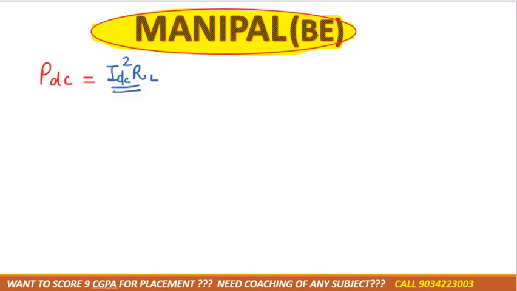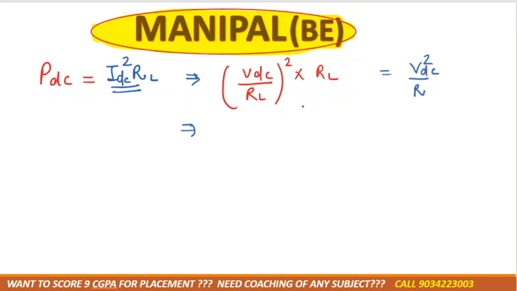Now calculate it and then tell me the value. See, PDC is I square DC by RL. IDC can we write down as VDC by RL? So whole square multiplied by RL. Yes or no? Or we can simply write down power is equal to V square by R. So V square DC by RL. One and the same thing.